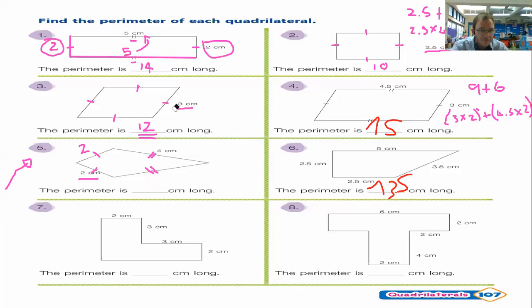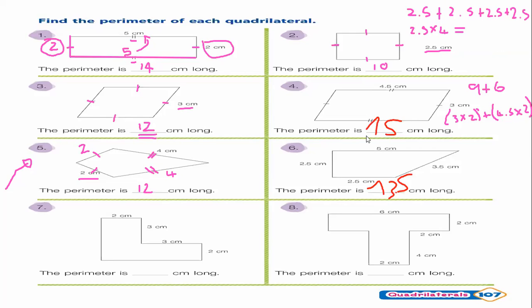Then the bottom is 4 centimeters and the other bottom part will also be 4 centimeters. So 4 plus 4 equals 8, plus 2 equals 10, plus 2 equals 12. Yeah, are you guys still with me? You are awfully quiet. So if you don't understand, please talk to me.